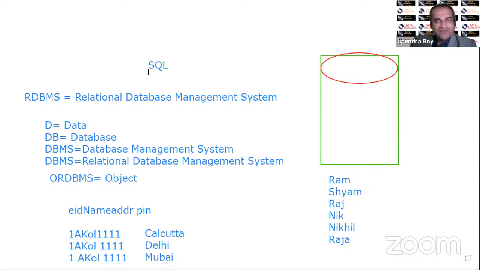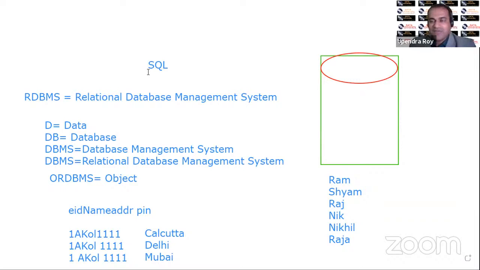So, in one statement, how are we going to explain it? It's a common language. SQL is the common language for all relational database management systems. And that SQL, right now, we are going to work on Oracle. You can work on many, but we will be focusing on Oracle.